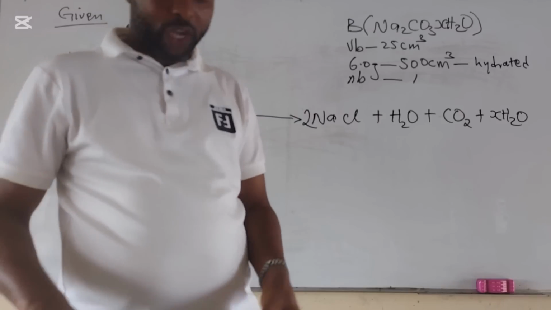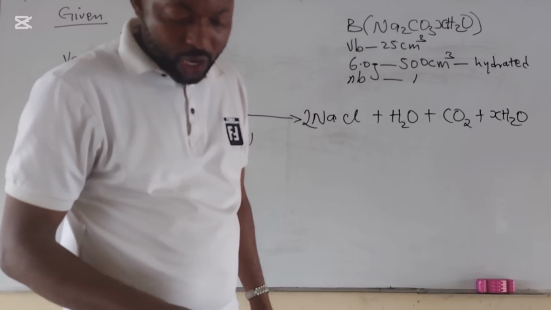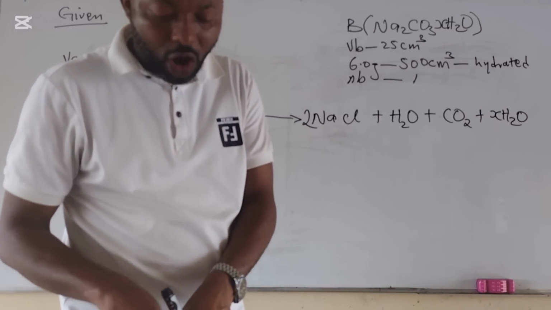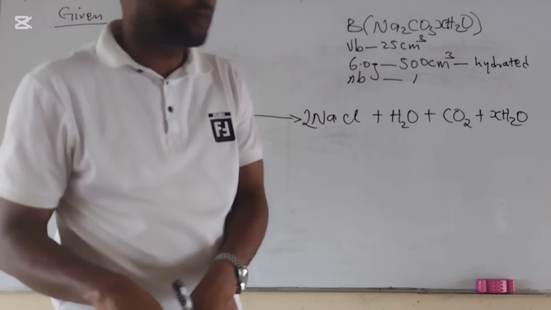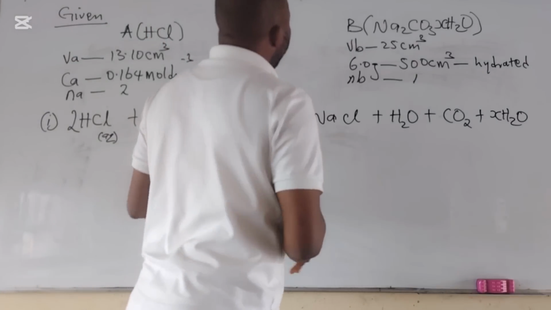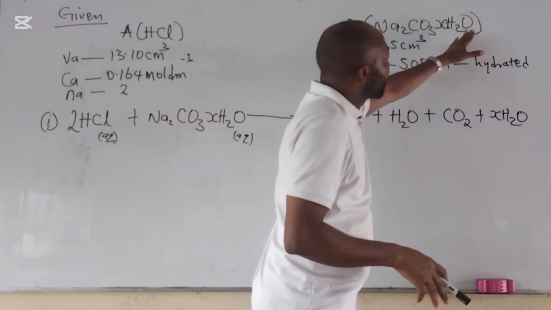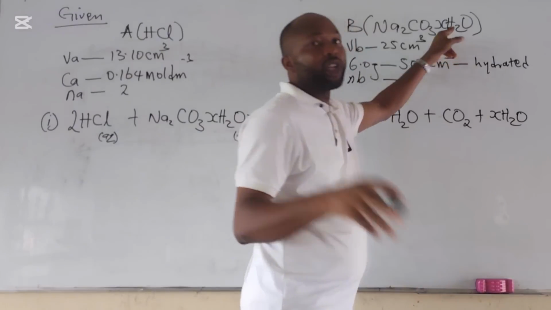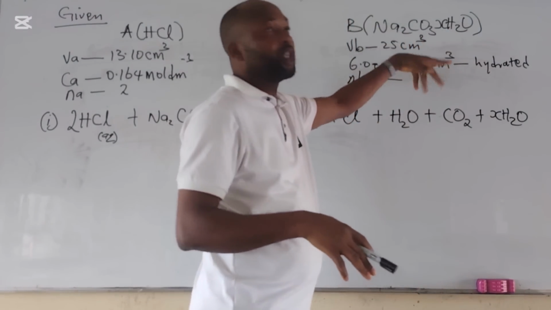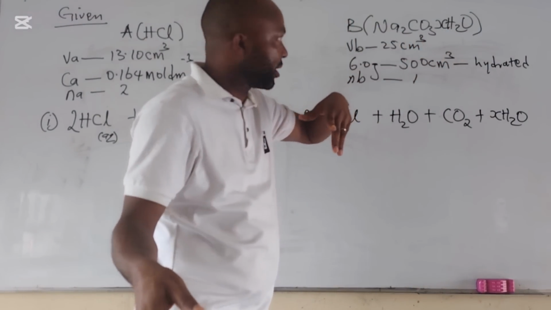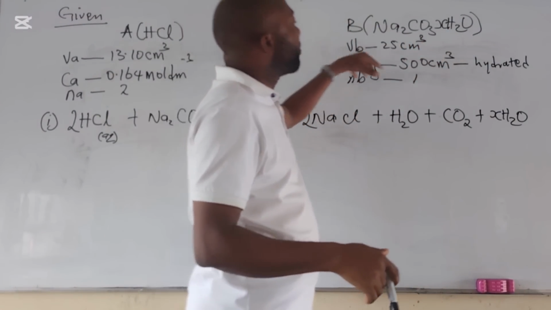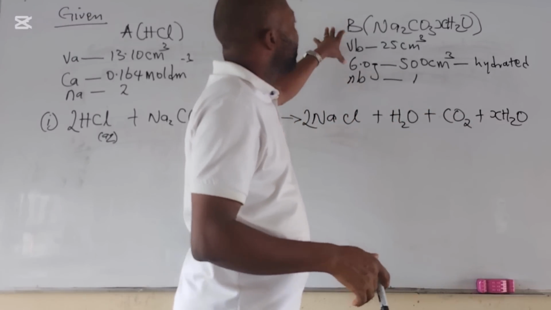So question number 2 says that we should calculate the mass concentration of hydrated sodium trioxocarbonate(IV). Now, this is the hydrated. It contains water, but we don't know the number of moles of water yet, which I know they will ask us to determine. Now, they are asking us to get the mass concentration. What can we do here?